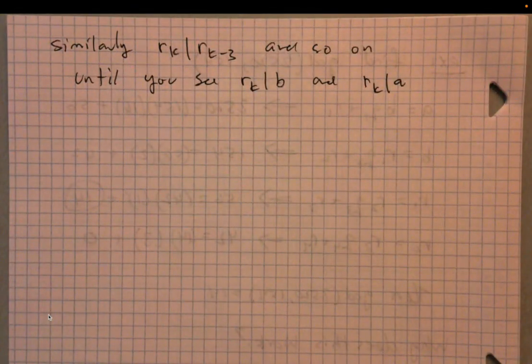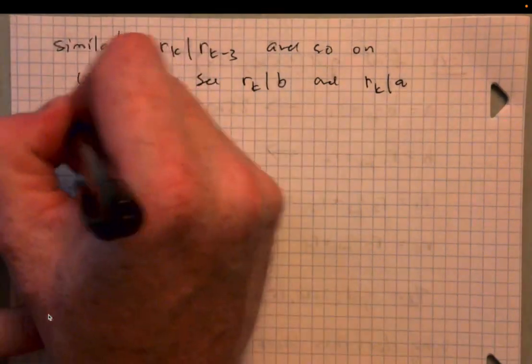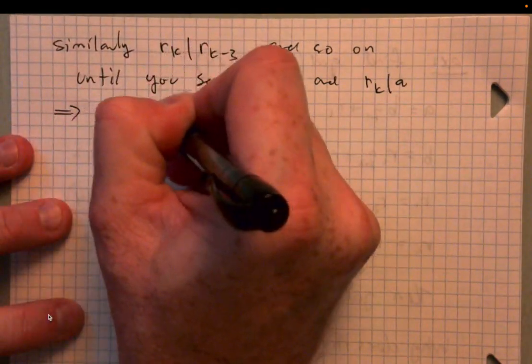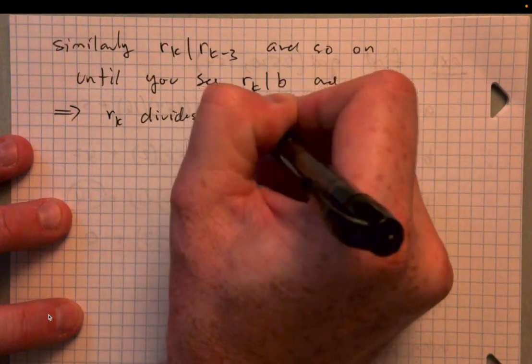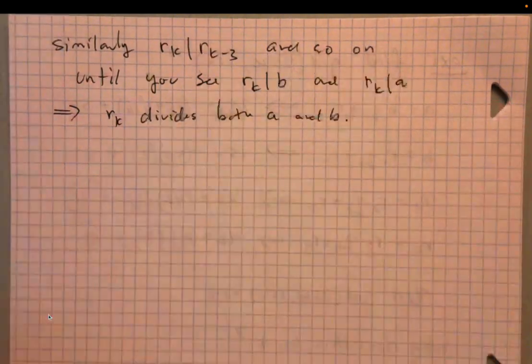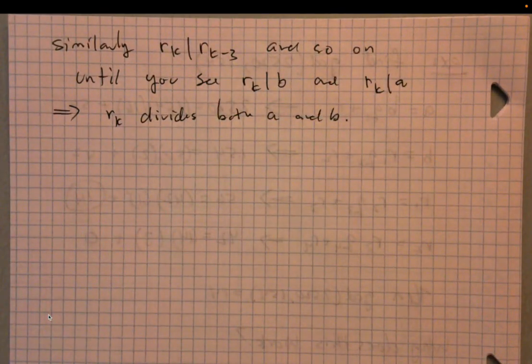And so this is how you can see that r of k is a divisor of a and b. Right, so you can get to the fact that r of k is a common divisor of a and b using just basically reversing the process and substituting at each step.